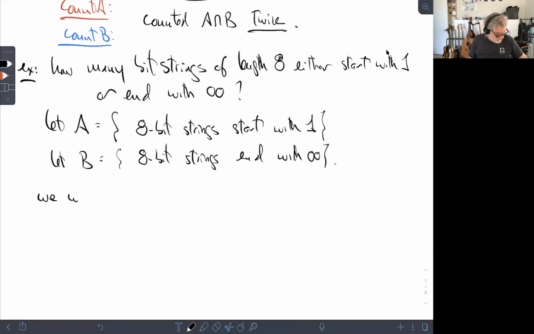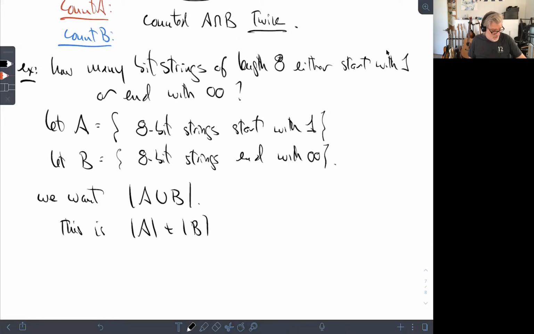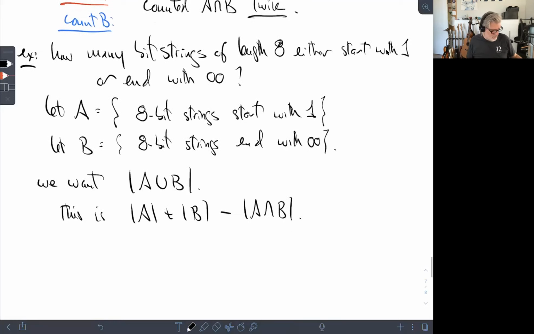We want the cardinality of A union B. That's exactly what we want. And so this is the cardinality of A plus the cardinality of B minus the cardinality of A intersect B. The advantage is you see that counting A, counting B, and counting A intersect B are straightforward. So that solves the problem.